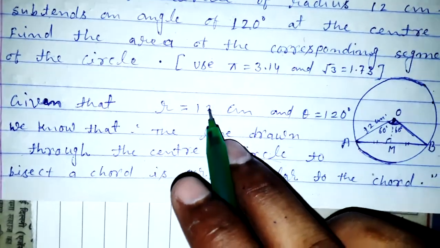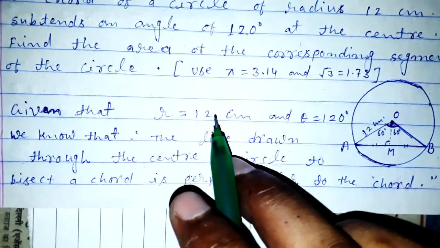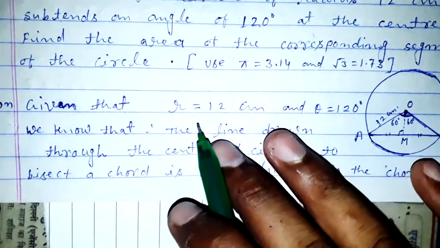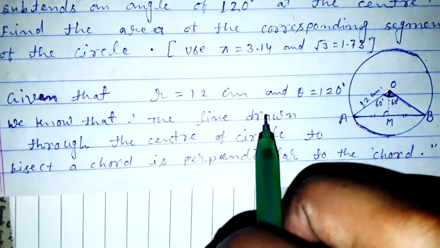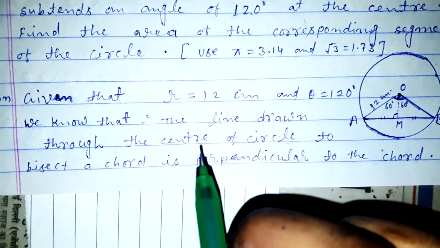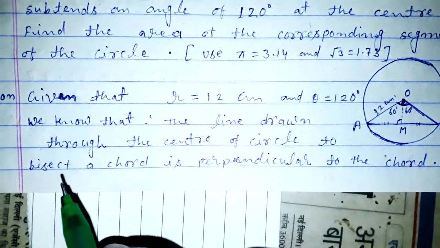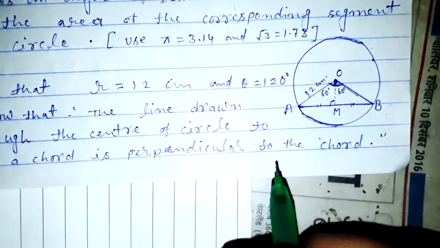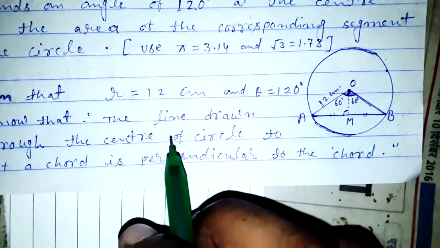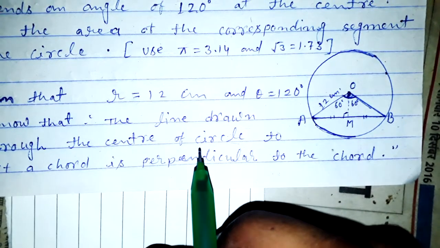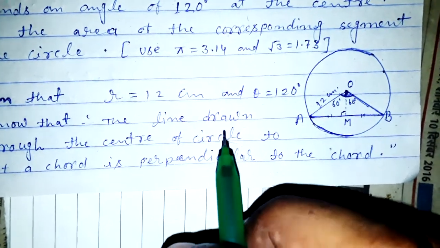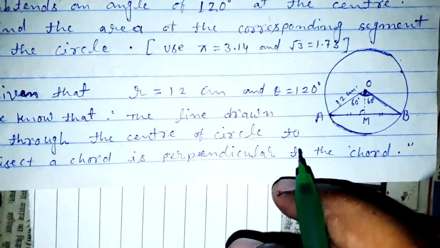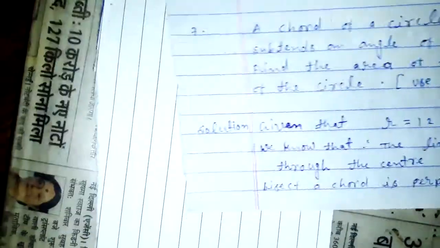Given that r is equal to 12 centimeter and theta is equal to 120 degree. We know that the line drawn through the center of circle to bisect the chord is perpendicular to the chord. This theorem was also studied in previous class, class 9th, and chapter name is circle.